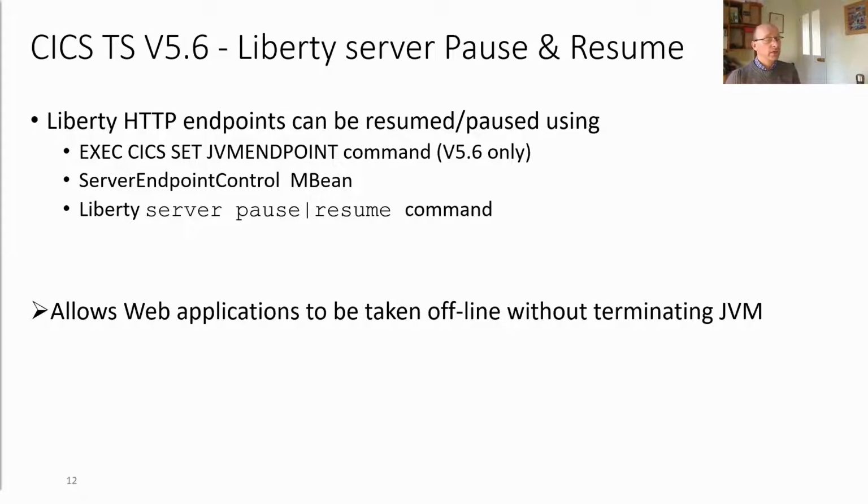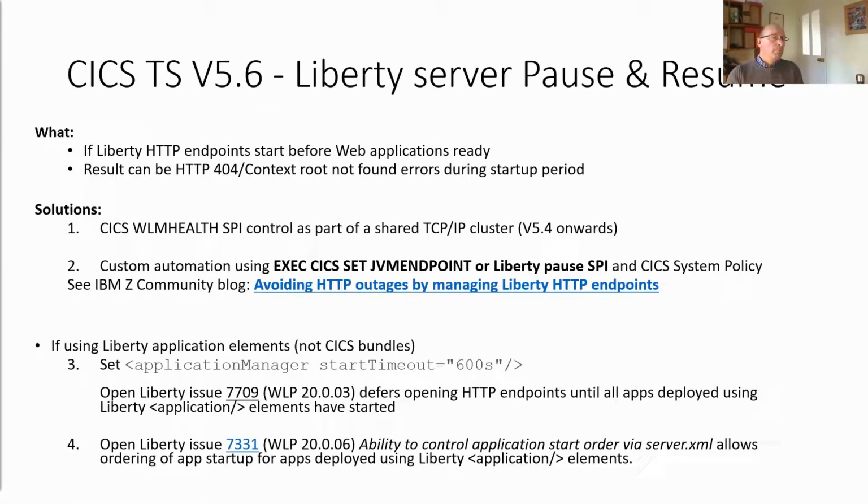So you can actually drive that command to pause Liberty. You can either pause specific endpoints or pause the entire server. So this is very useful for building in automation around the deployment of applications.